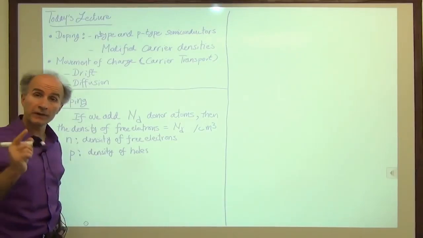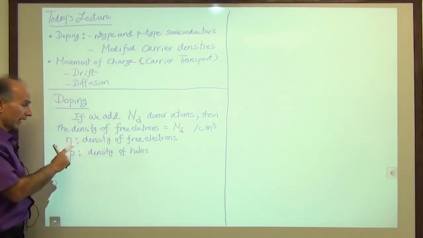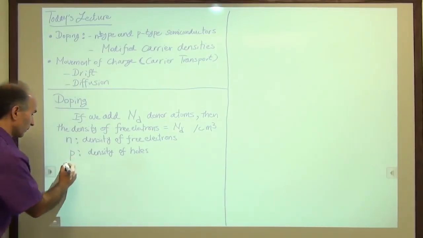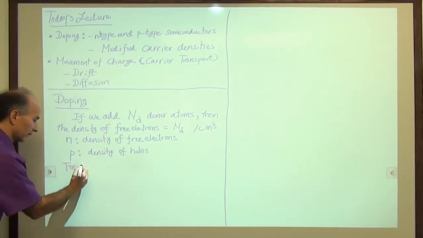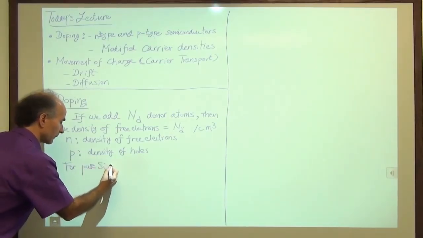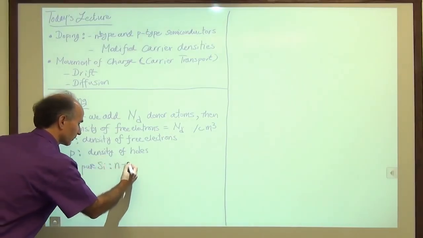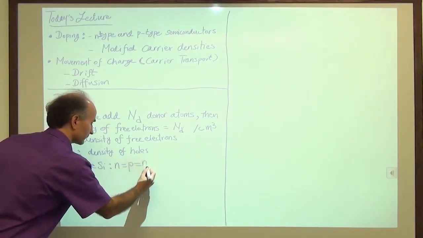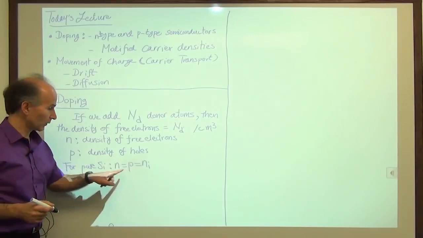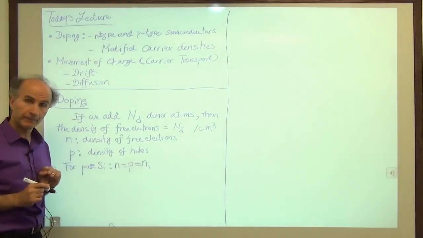Now, of course, for pure silicon, these two were equal and equal to Ni, as we saw before. So for intrinsic silicon or pure silicon, we have n is equal to p is equal to Ni. For every electron that was released, we had a hole, so these two are equal and equal to Ni.